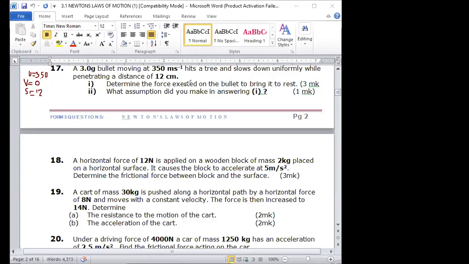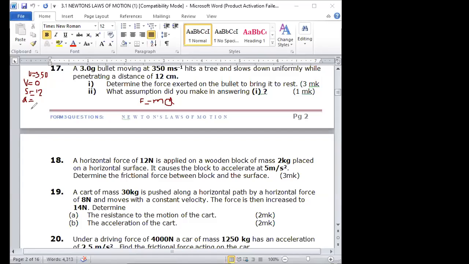Because we are asked to determine the force, and the force is equal to MA, we have our M as 3, but we don't have A. It is the one that we expected to get.